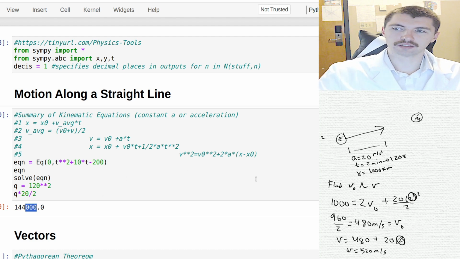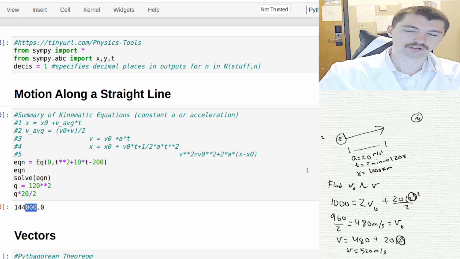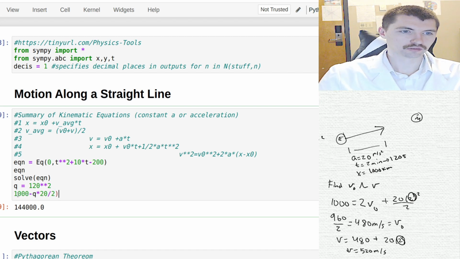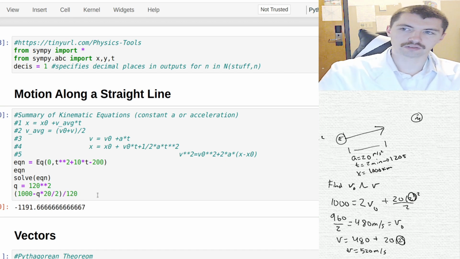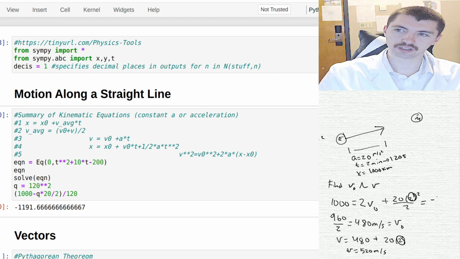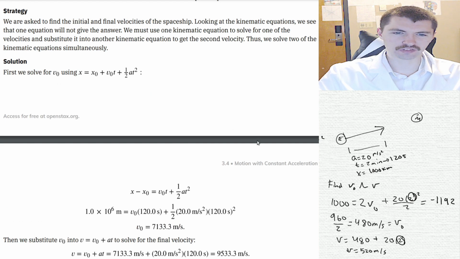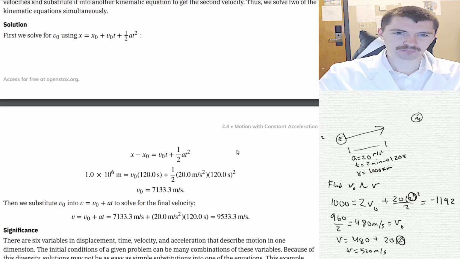Okay, so we're getting, okay, so we're gonna do 1000 minus that. And then we're gonna divide it by 120. So should be negative 1192. Not getting that either. So what's going on here?